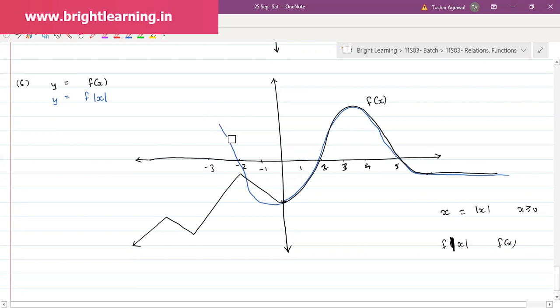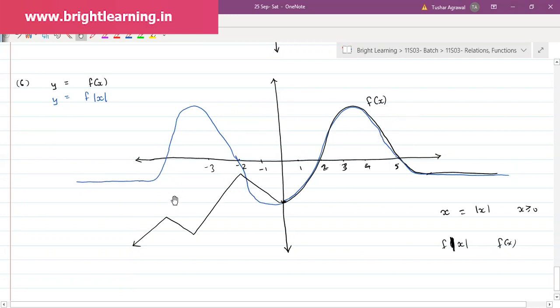Now this my drawing is bad. Okay. For x greater than or equal to 0, the graph is exactly overlapping, and for x less than 0, just take the mirror reflection about the y-axis.